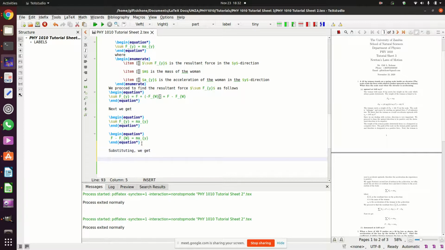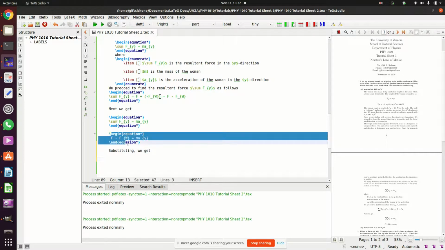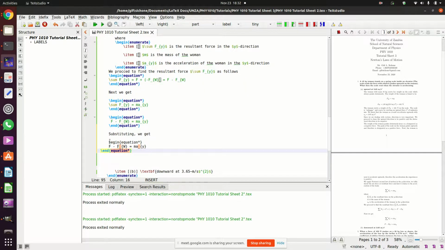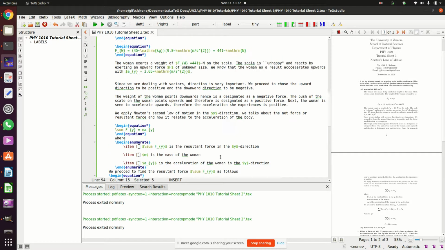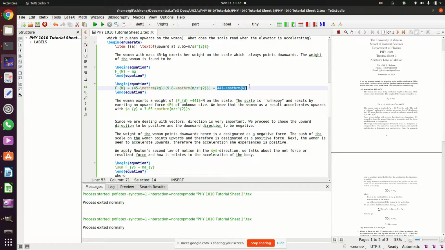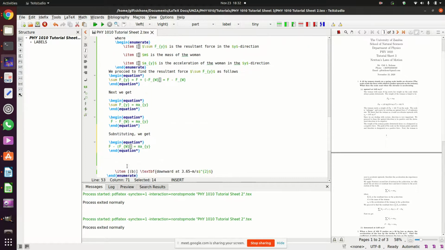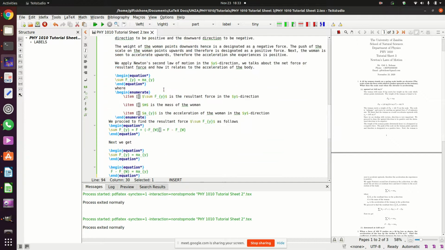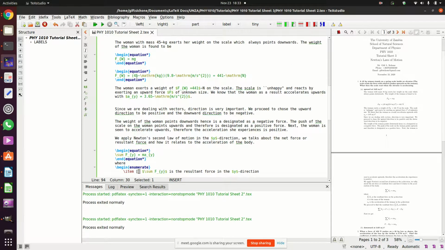We got there, the woman's mass is 45 kgs.